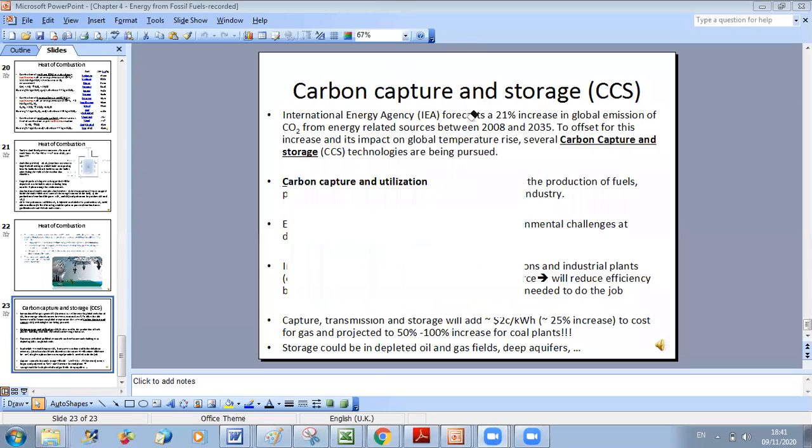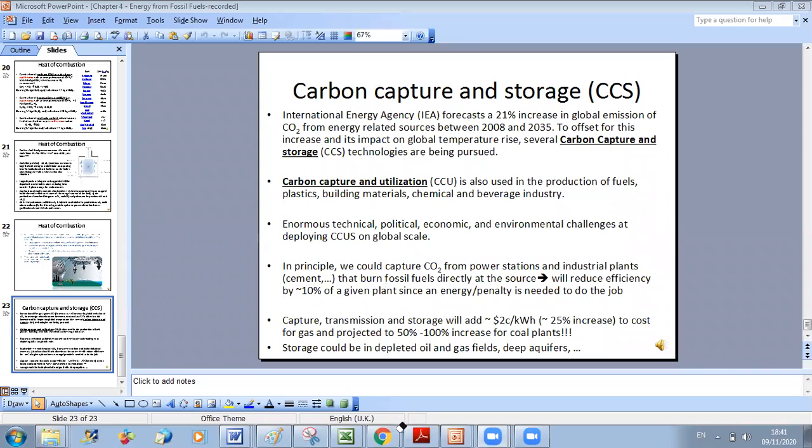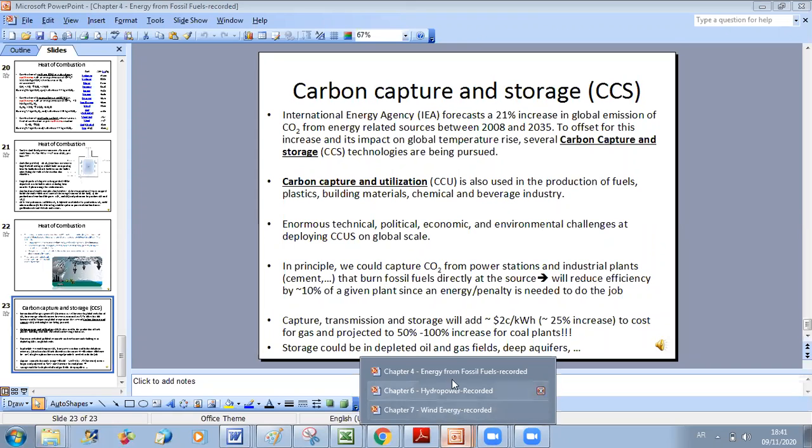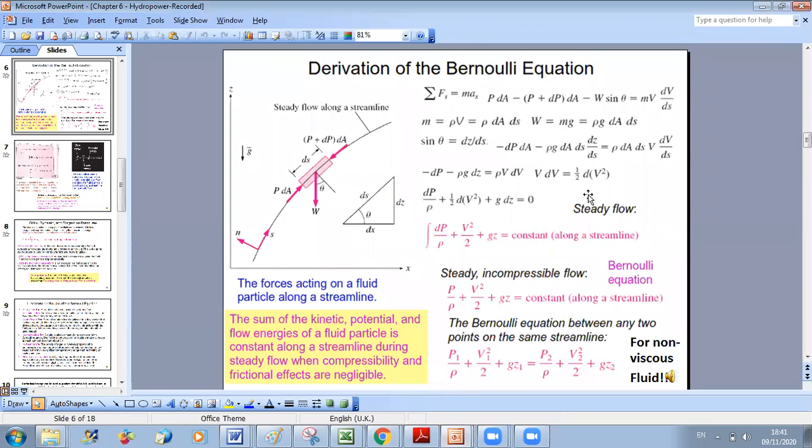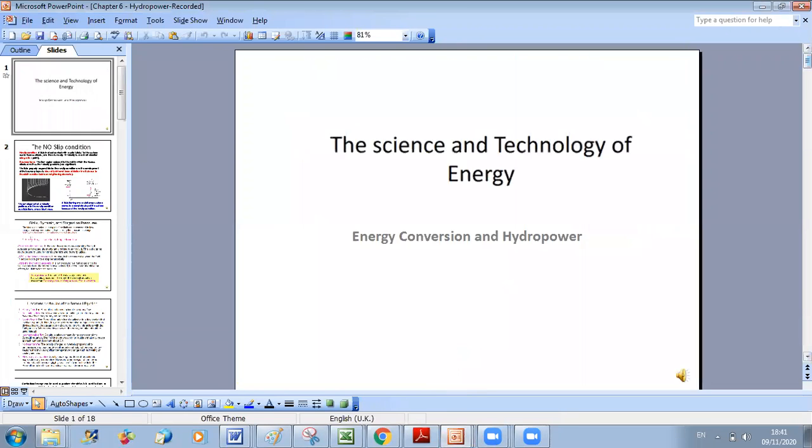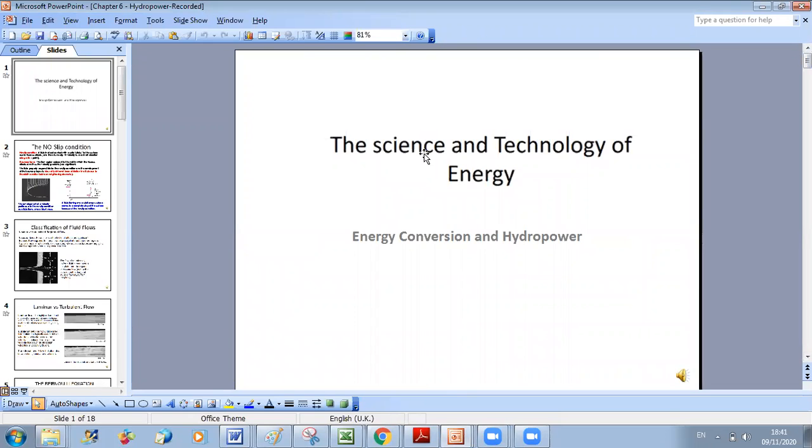So in chapter 5, we will introduce hydropower, which is the production of power using, as its name says, water motion. As we said, one of the renewable energies that can be used is hydropower, and as its name indicates, it's the production of power using water.